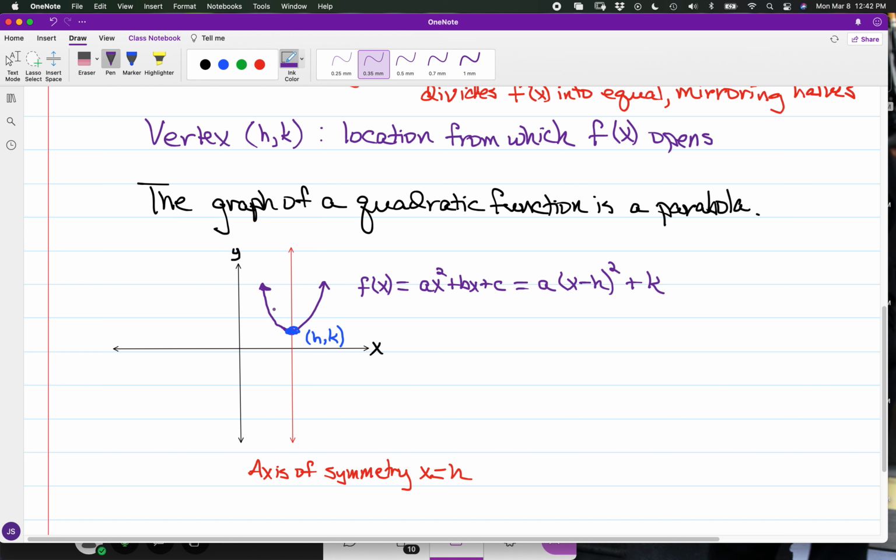And so this graph is opening upward. So for what we have here, a is positive.